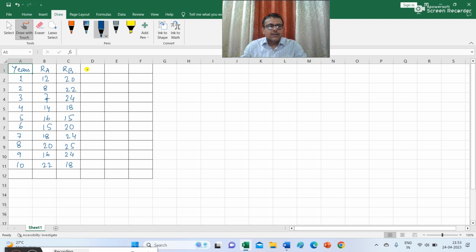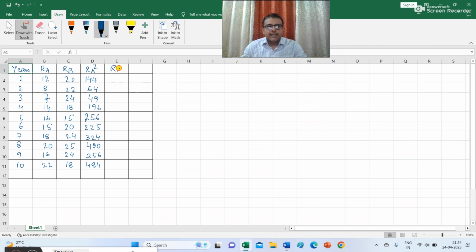Then I will find the square of return A, that is RA square. So 12 square is 144, 8 square is 64, then 49, then 14 into 14 is 196, 16 square is 256, then 15 square is 225, 18 square is 324, 20 square is 400, 16 square is 256 and 22 square is 484.